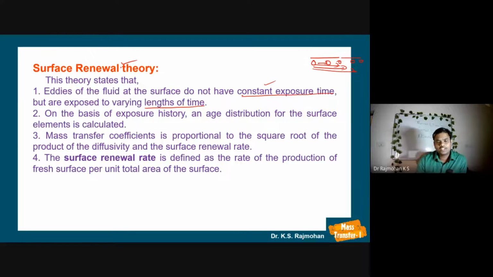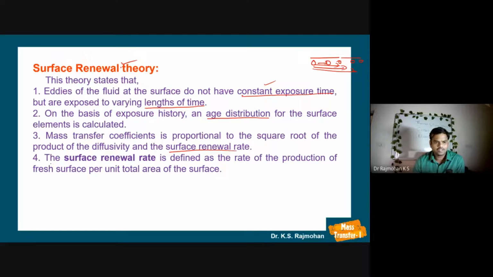On the basis of the exposure history, an age distribution for the surface element is calculated, and the mass transfer coefficient is proportional to the square root of the product of diffusivity and the age distribution factor, which is the surface renewal rate. What is surface renewal rate? It is defined as the rate of the production of fresh surface per unit total area.